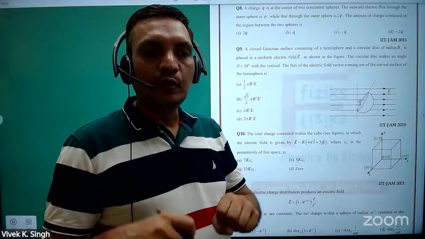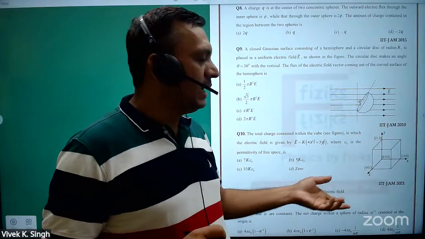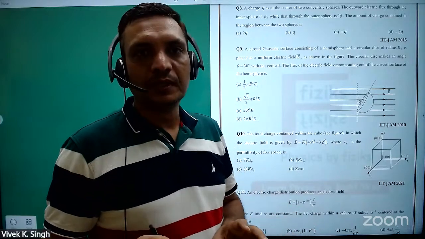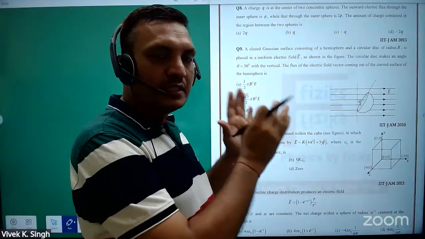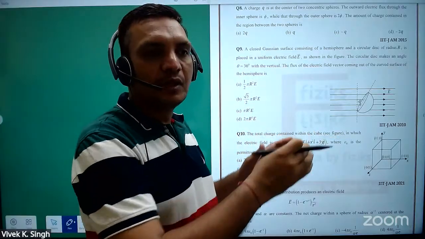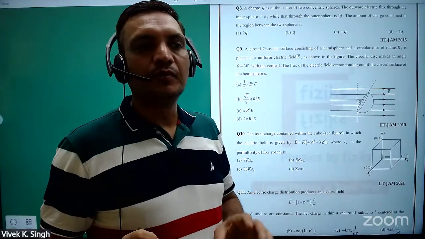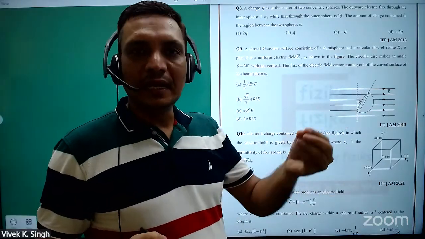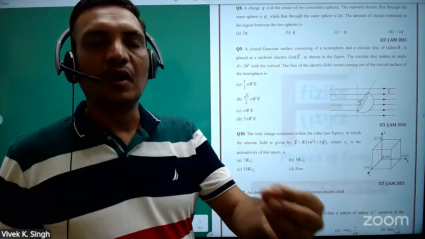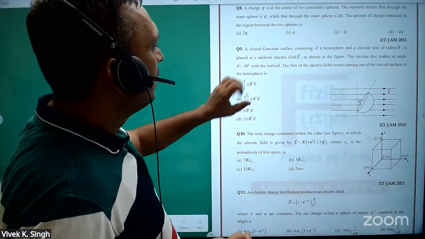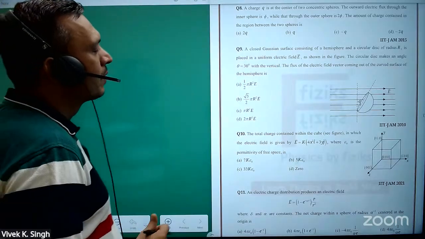So don't look at the exam, whether it is JAM or NET, because you have to clear your concepts through problems. The focus is on the question, not the exam, because if you know the concept, you can easily solve this problem, whether it is asked in NET, GATE, IIT-JAM, JEST or TIFR. So focus on the concept. Just see this question.